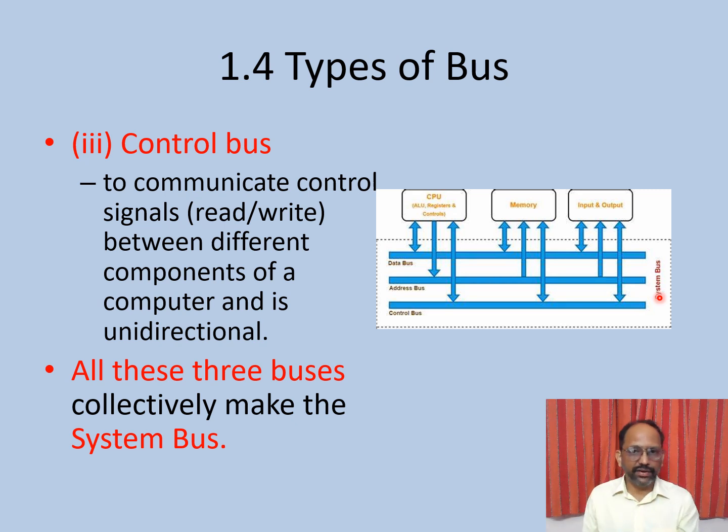It stores there. Write is nothing but storing. Read is nothing but fetching. Like this, the different buses are used for different purposes. All these 3 buses make the system bus.